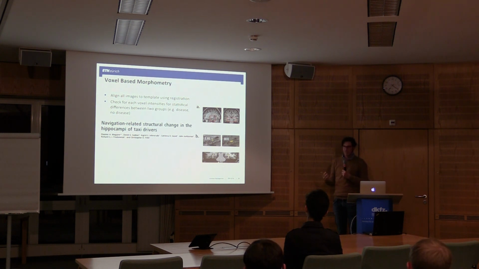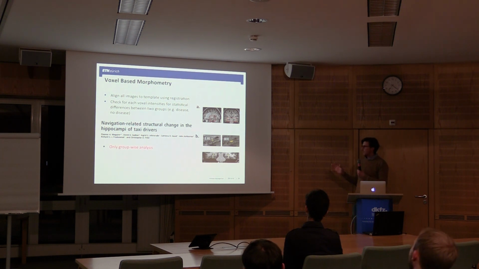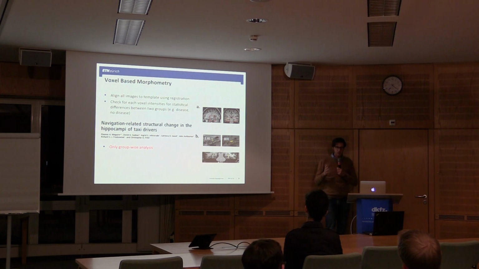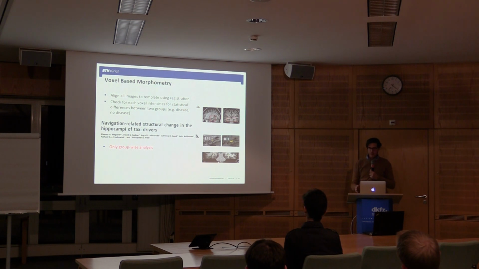The hypothesis, of course, is that they have to remember so many street names and be able to navigate the city from memory. However, the drawback of this is that you only get a map like this for the whole population, not for a specific taxi driver, but for the entire population of taxi drivers.